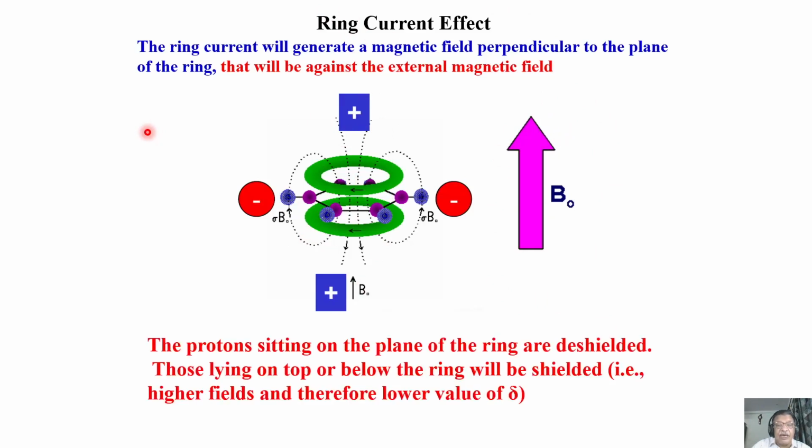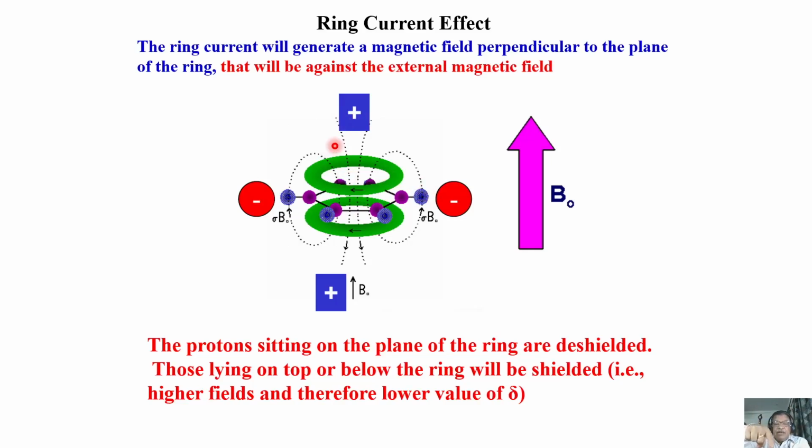As a consequence, there will be shielding and de-shielding areas. Remember, if you trace the lines of force of the magnetic field emanating from the center of the ring, they go back, and can come like this and go back, or come like this. Take a plane of the benzene ring like this.